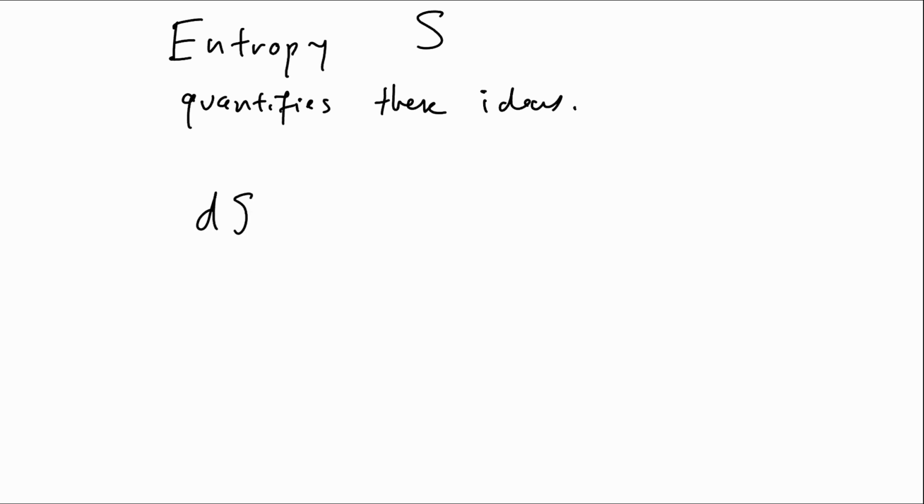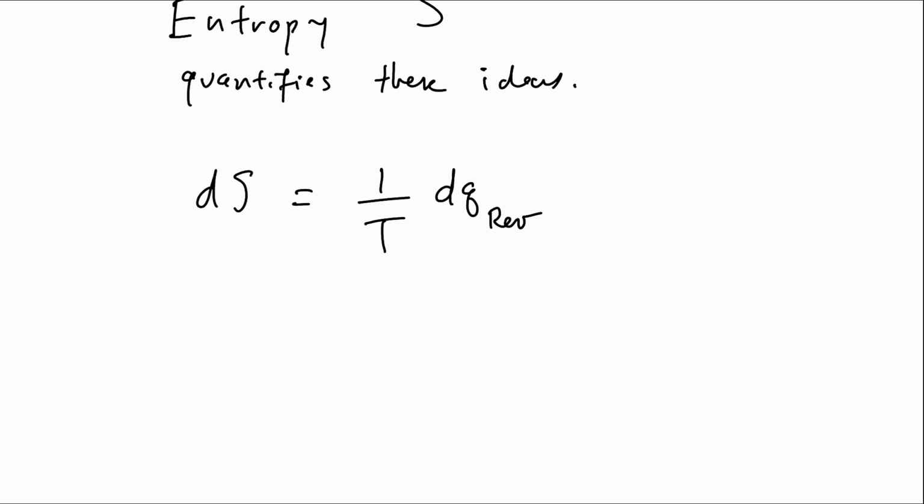So I can define it like this. This is a definition, and what this is, is an exact differential. Okay? Now I said dq is not an exact differential, and life's too short, especially for chemistry majors, to get into the weeds about what that means mathematically.